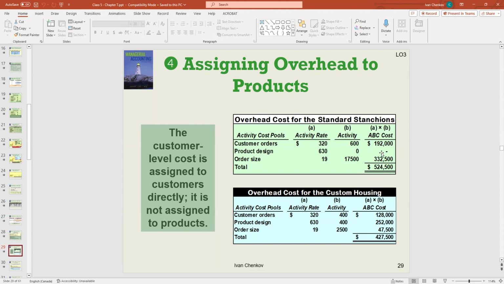They don't have product design, so we're not charging product design. The next cost is the hours. We're charging $19 per hour, 17,500 hours, that much. So for this standard sanction, the cost is $524,500.